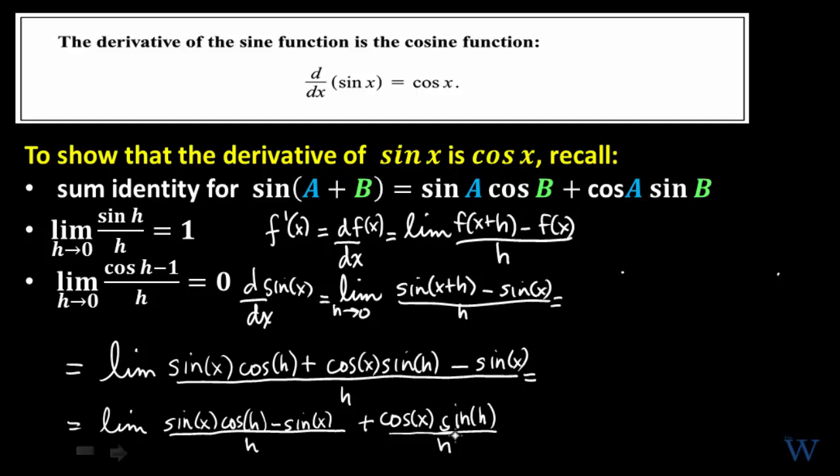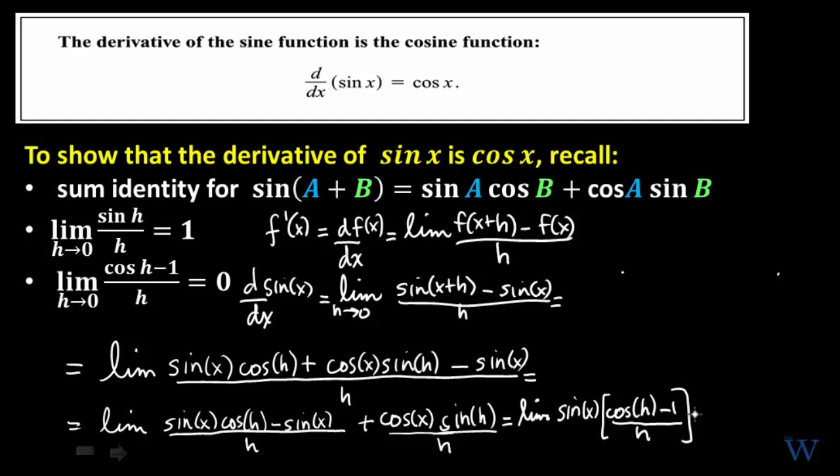Alright? And do you see where this now comes in? When we take the limit as h approaches 0, then what do we have? It's now equal to the limit of, pull out the sine of x here. And then what's left is cosine of h minus 1 divided by h.